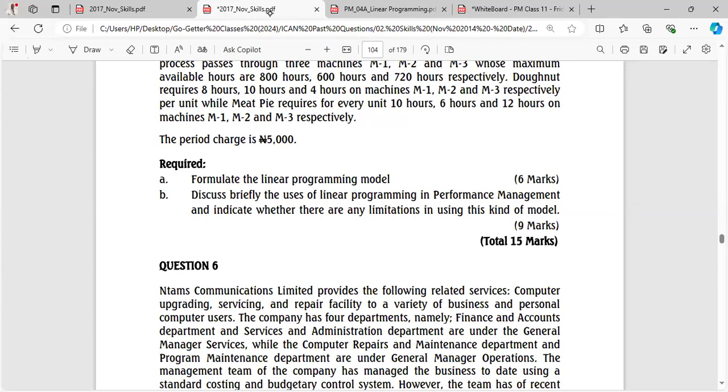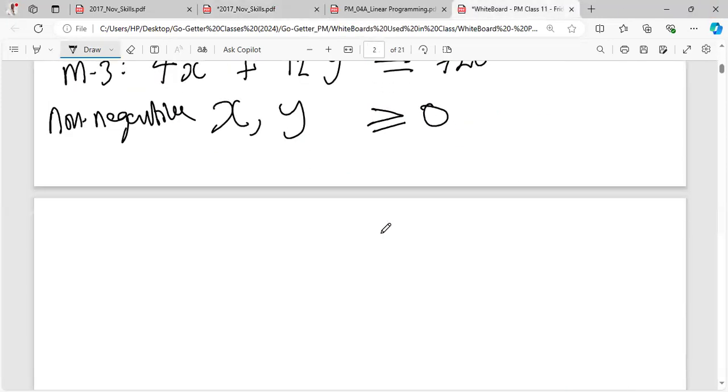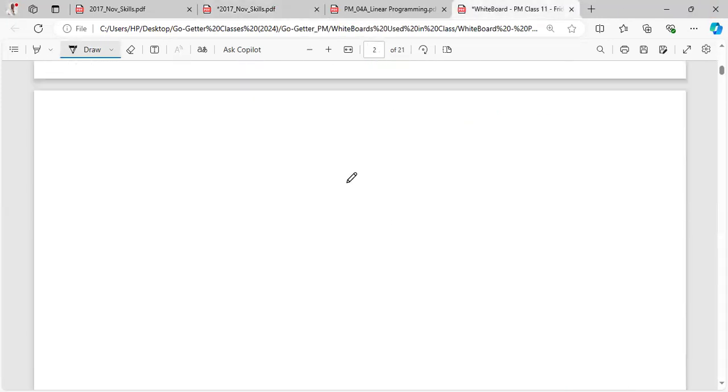Our A2 could be to find the optimal production using the graphical method. So we have started this linear programming proper.